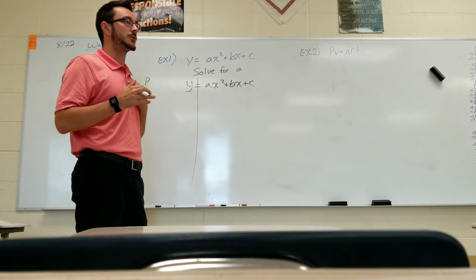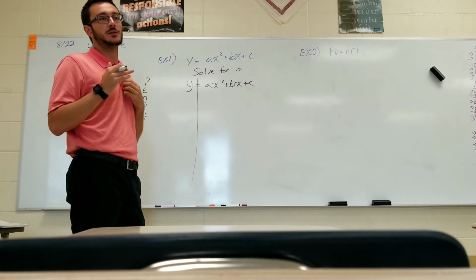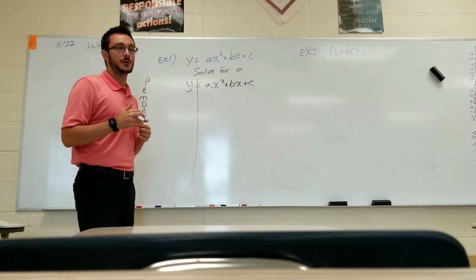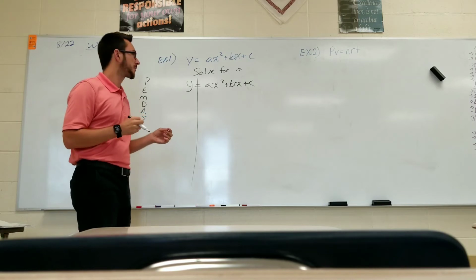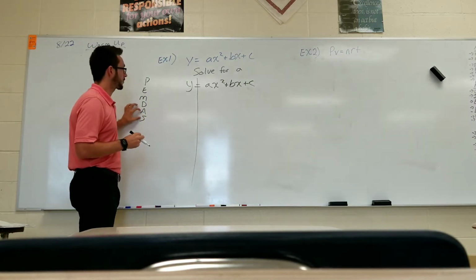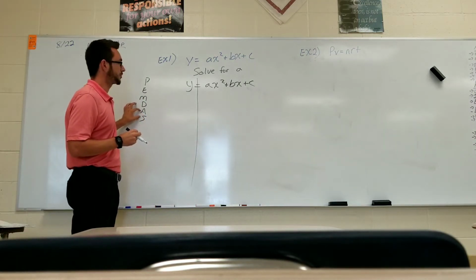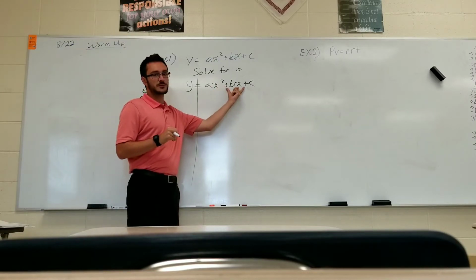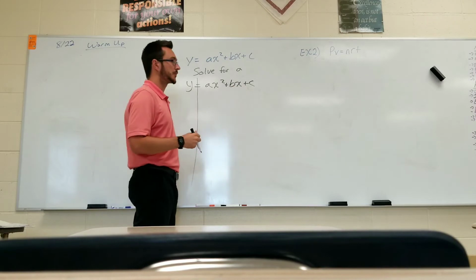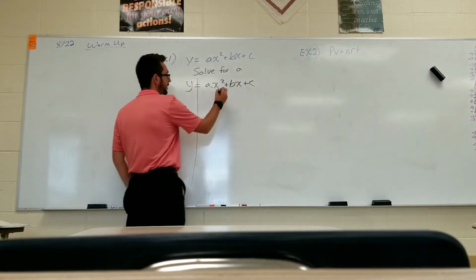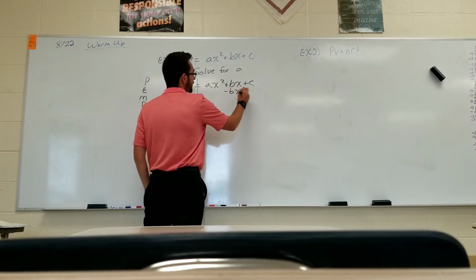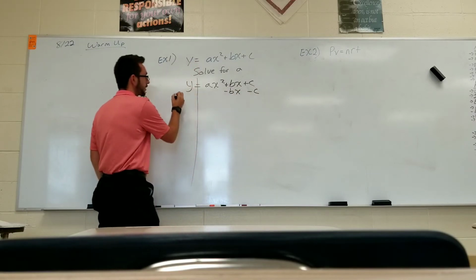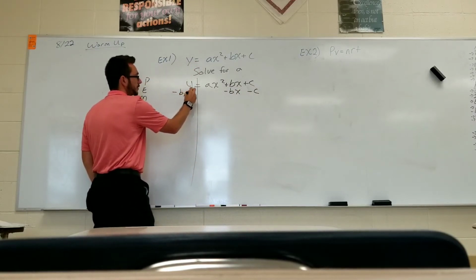Now, if you don't solve it this way, it's not necessarily wrong, but this is going to avoid a lot of confusion. So the first things I want to look for, do we have any subtraction or addition in this problem? Because these go in the same step. And I actually have two instances of addition, so I need to subtract both of those to the other side. So I'm going to take away bx, and I'm going to take away c. And I need to do that to the left side as well.